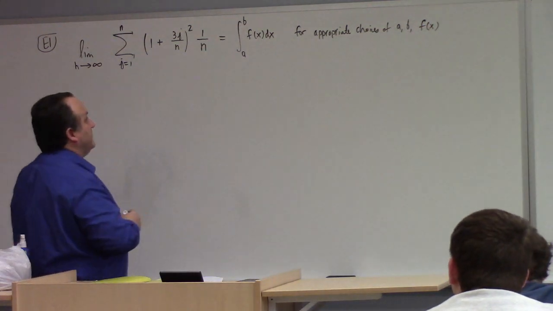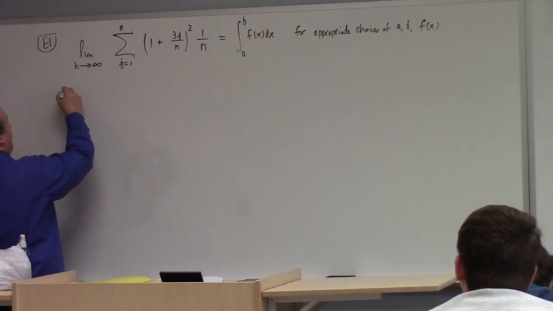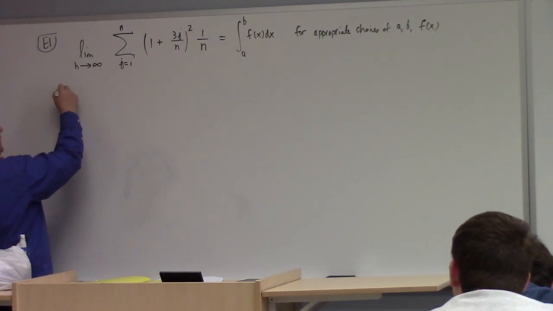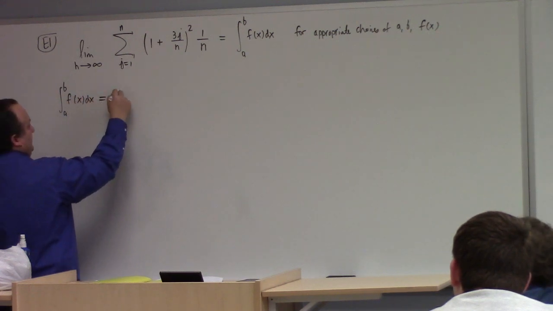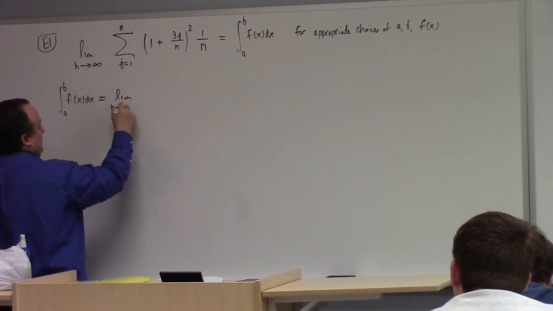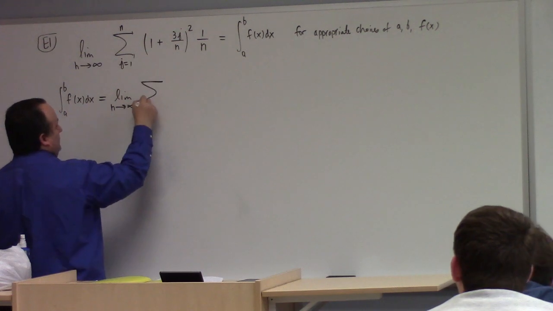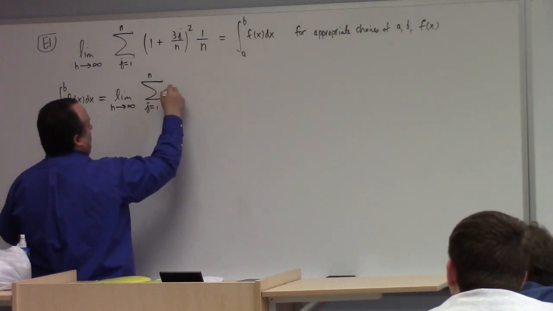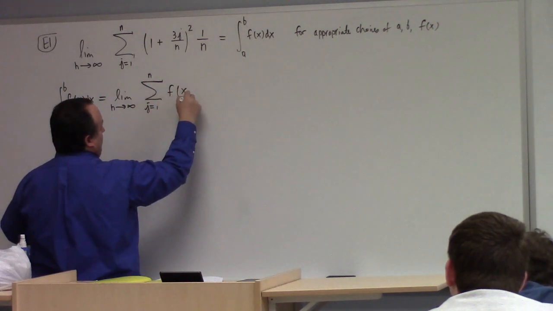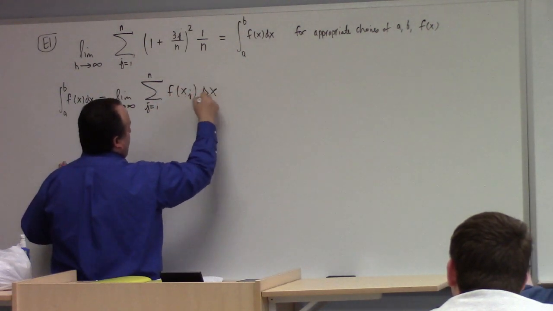All right, so the thing we need to think about, right? So the integral from a to b of f of x dx, we can write it as the limit as n goes to infinity of the sum j equals 1 to n of f of x sub j delta x.